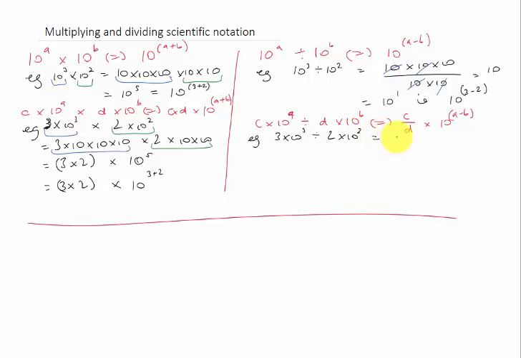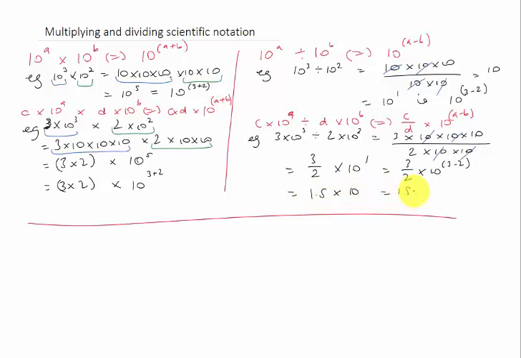That would give us 3 times 10 times 10 times 10 over 2 times 10 times 10. Again, we can cancel these out. So that gives us 3 over 2 times 10 to the power 1, which is 3 over 2 times 10 to the power 3 minus 2. And in fact, that's equal to 1.5 times 10, or 15 if we wanted to work it out fully.